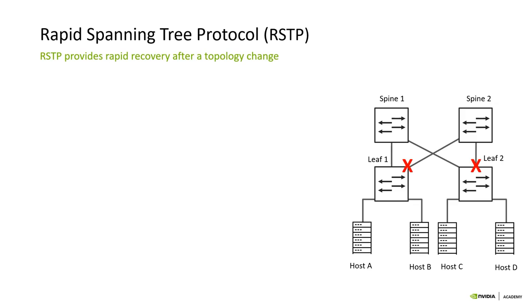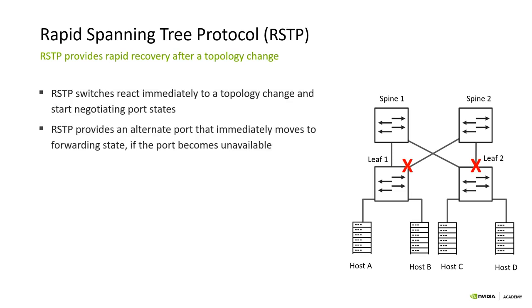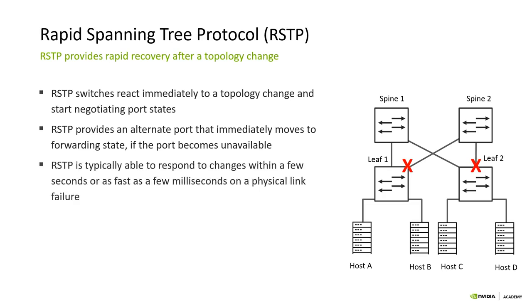In general, RSTP allows the switches to almost immediately react to a topology change and start negotiating port states. In addition, RSTP provides alternate ports that immediately move to forwarding state if a port becomes unavailable. This and more allow RSTP to respond to changes within a few seconds or as fast as a few milliseconds on a physical link failure.